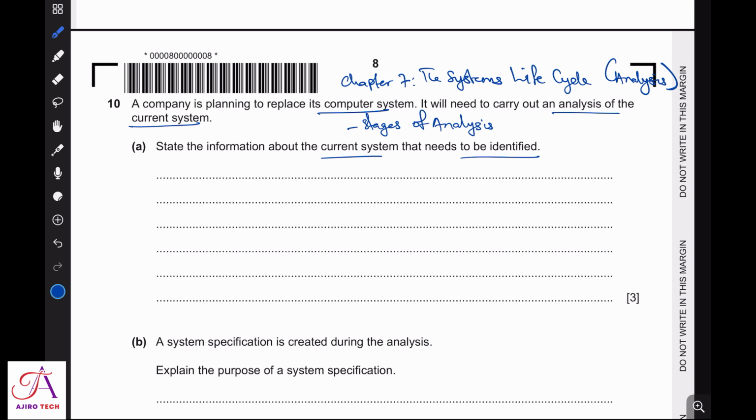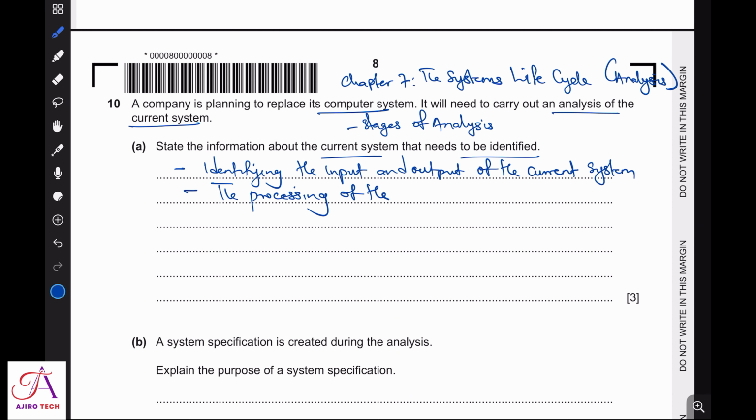Look at it. It carried out the analysis of the current system. So what are the ways? So we have researching the current system, identifying the input and output of the current system, and the processes of the current system.